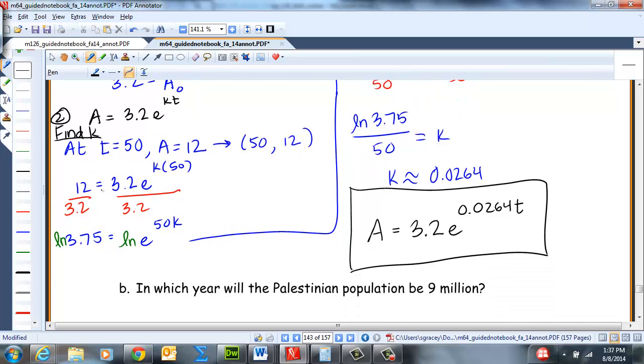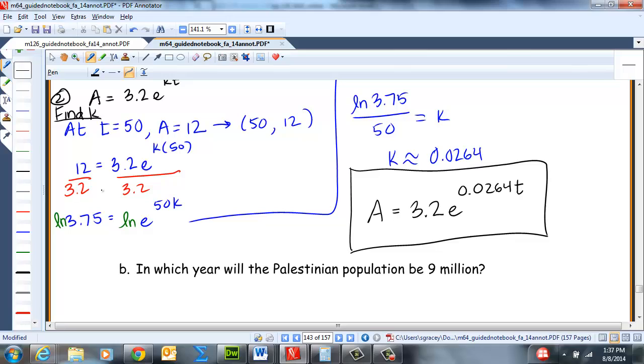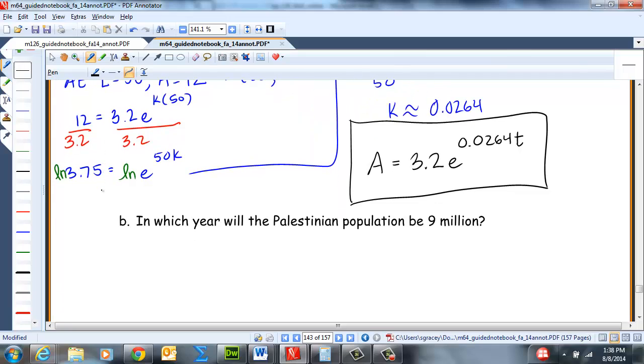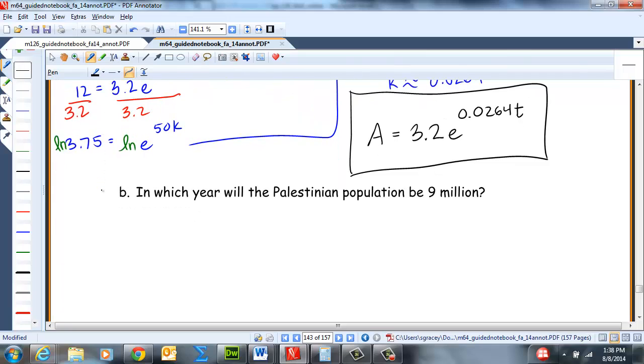And after we found A0 and k, we were able to get our exponential growth model in terms of A and t. Okay, so now using our model, in which year approximately will the Palestinian population be 9 million?